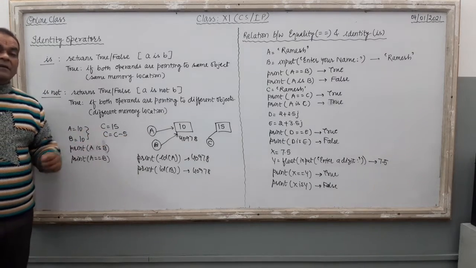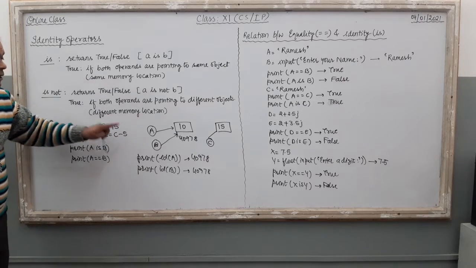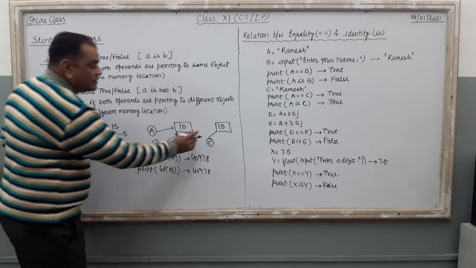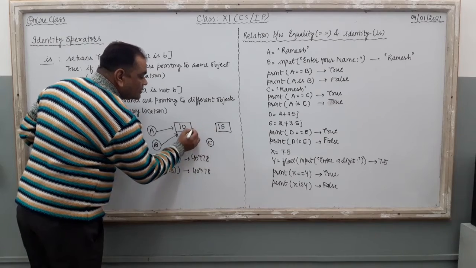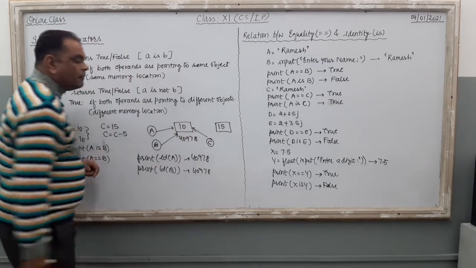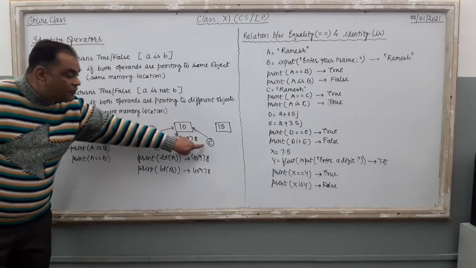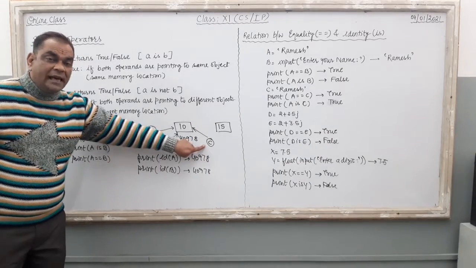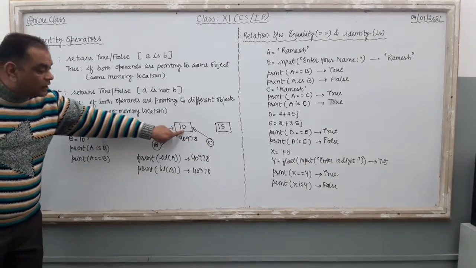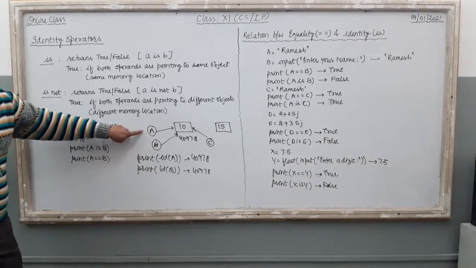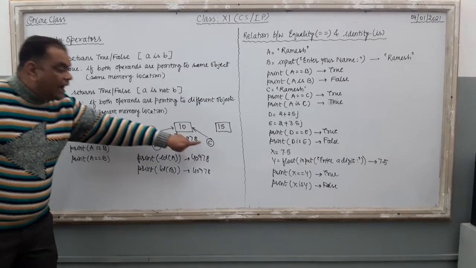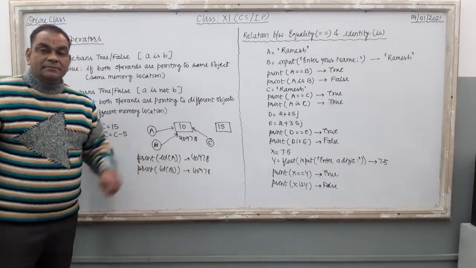C equal to C minus 5 means the value of C is now 10. The value 10 is already stored inside your computer's memory, so the computer shifts the label; it pastes the label C on the same value. Now the 10 is indicated by A, by B, and also by C. Right?